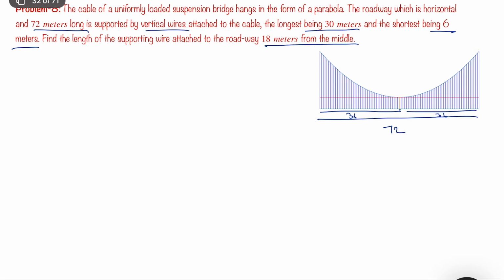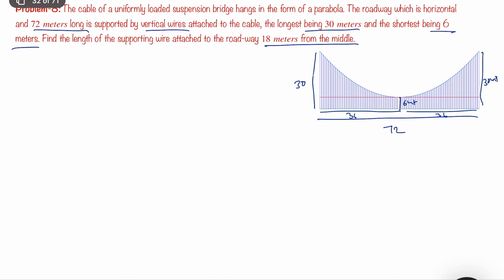Now here the longest wire height is 30 meters, here also 30 meters, and the shortest, this is the shortest, that is 6 meters. Okay, fine.